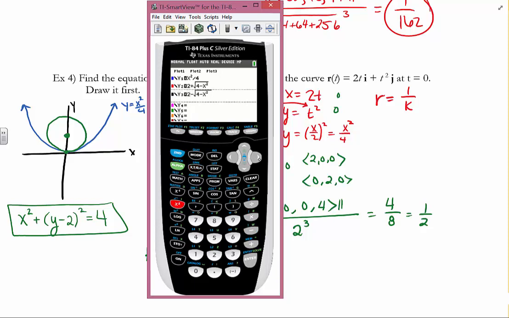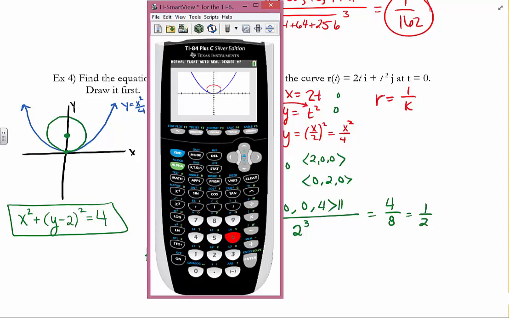I just took that equation right here and solved for y. And I'm going to zoom square this. So I'm going to zoom 6 first, and then I'll change it to zoom square so you can really get an appreciation for how good this actually does look.